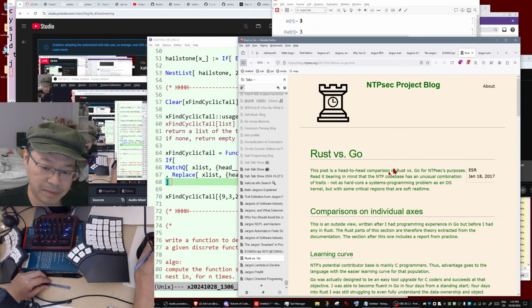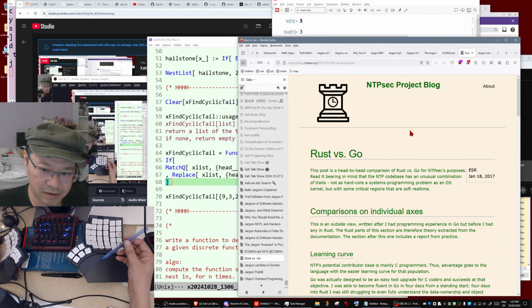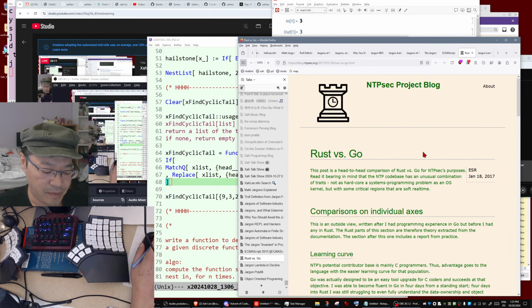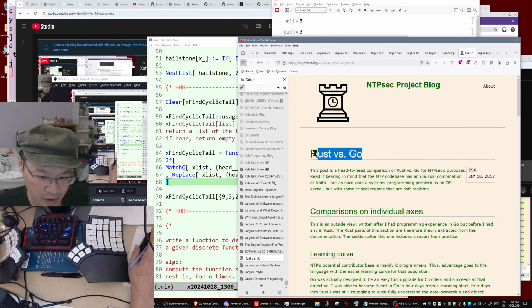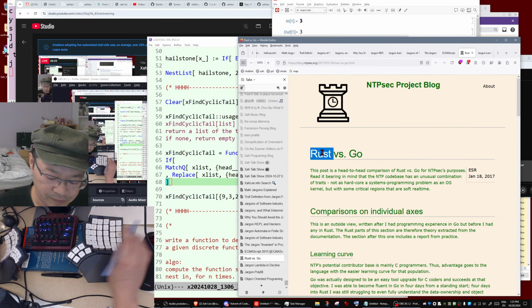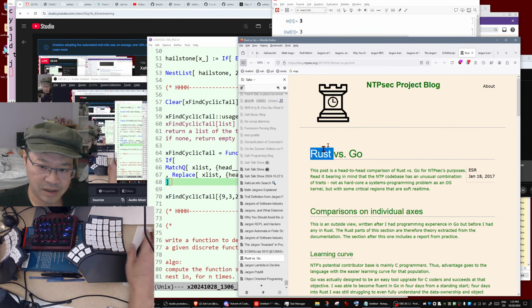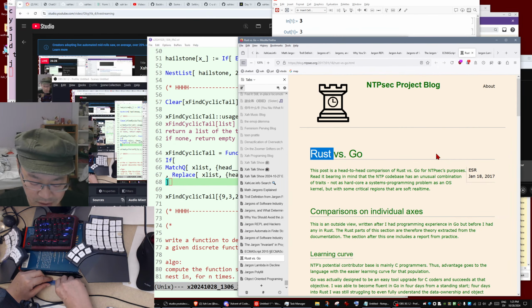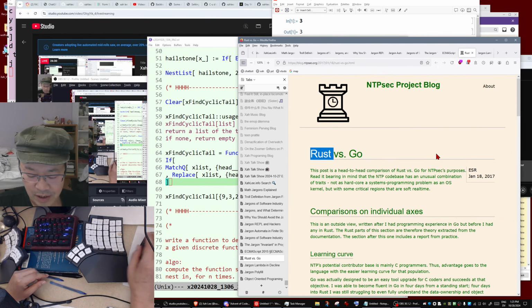So let me mention this article. In this article, he likes Go. He does not like Rust, and I share a similar opinion. Go language is a great language. Rust is shit. Now ESR, Eric Raymond, he's a very famous programmer, of course, as you know.